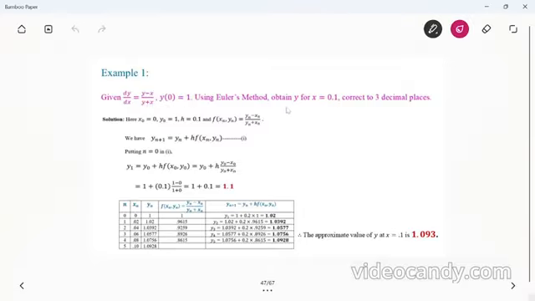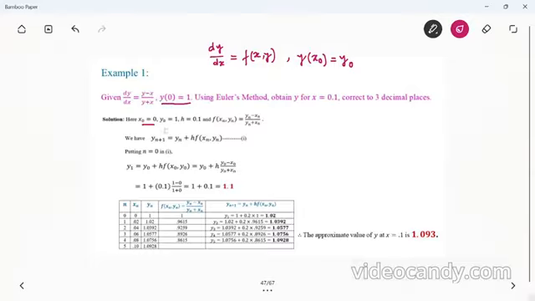Using Euler's method, we have to obtain y for x equals 0.1, correct to 3 decimal places. First, we will write the given conditions clearly: x0 is 0. Our general form of the differential equation is dy/dx equals f(x,y), y(x0) equals y0. So given dy/dx equals (y minus x)/(y plus x), y(0) equals 1. Using Euler's method, we obtain y for x equals 0.1 correct to 3 decimal places.